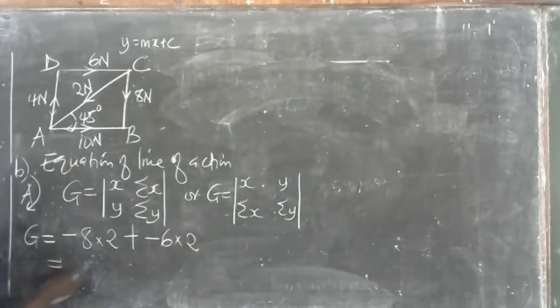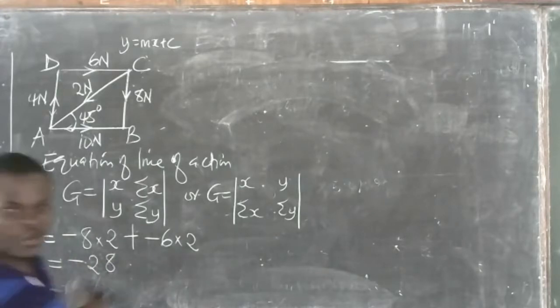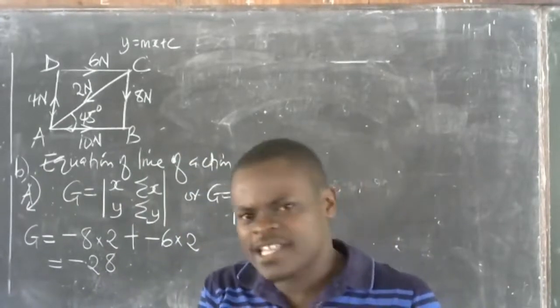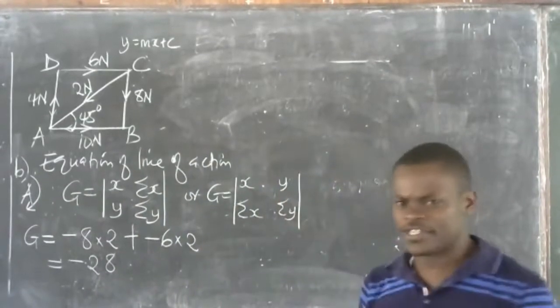So this will give us negative 16, negative 12, negative 28. Now, we don't even need to give the units there because they did not request for them.